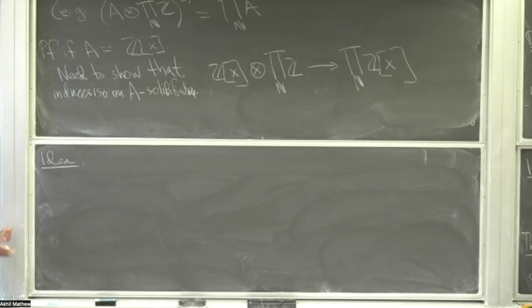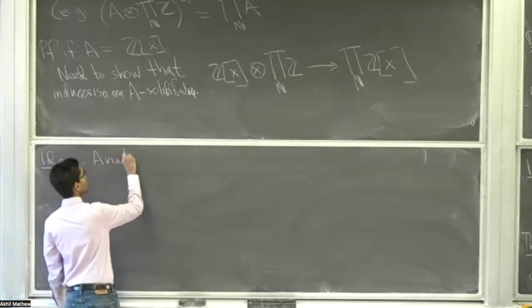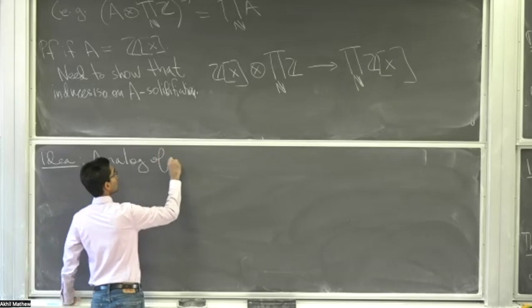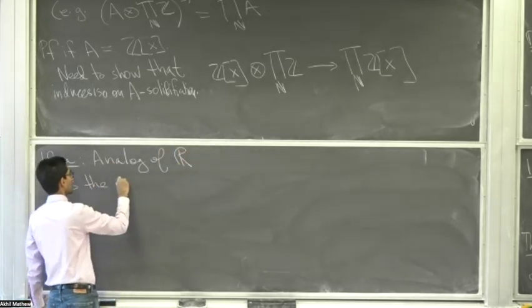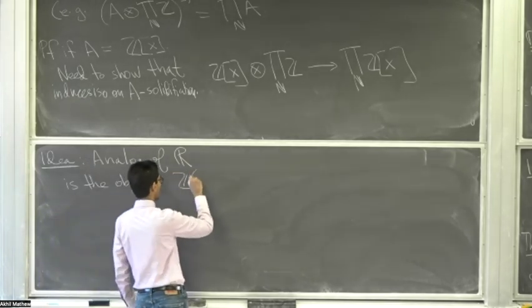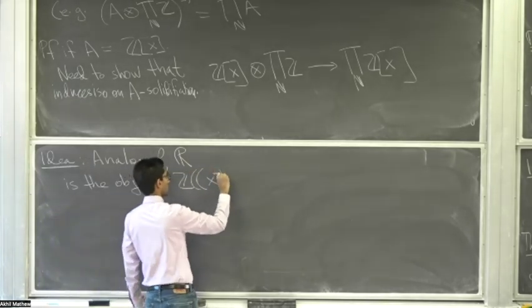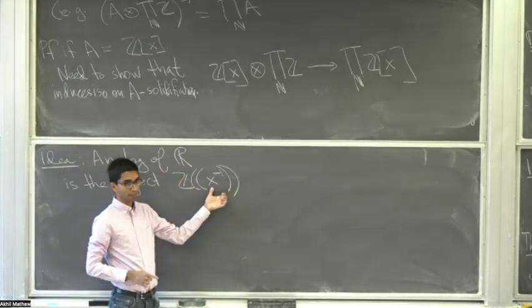So the analog of the real numbers is this object, Z Laurent series in X inverse.